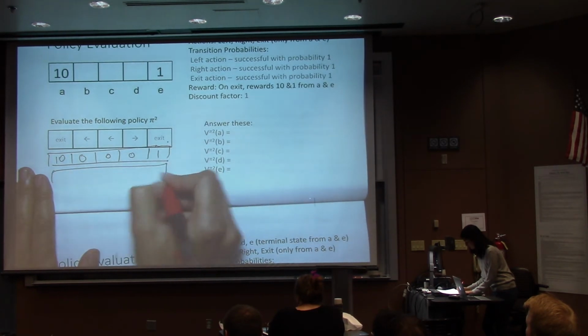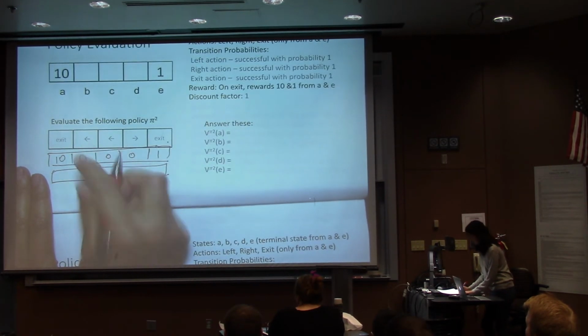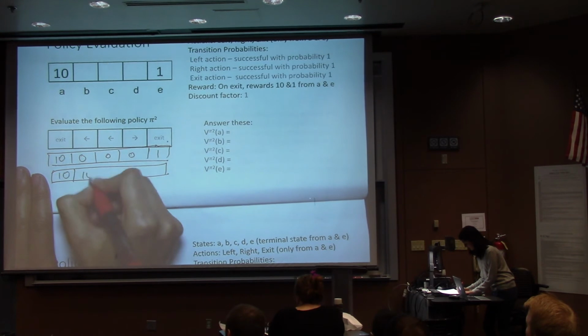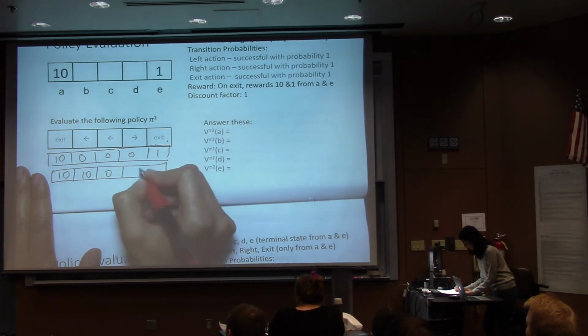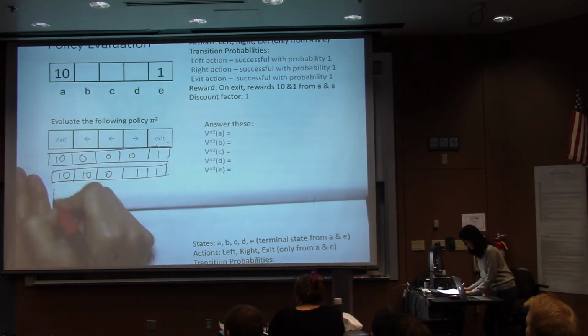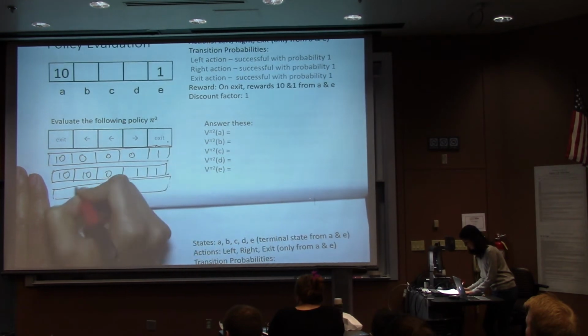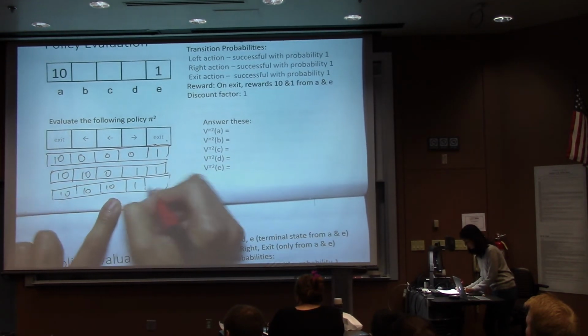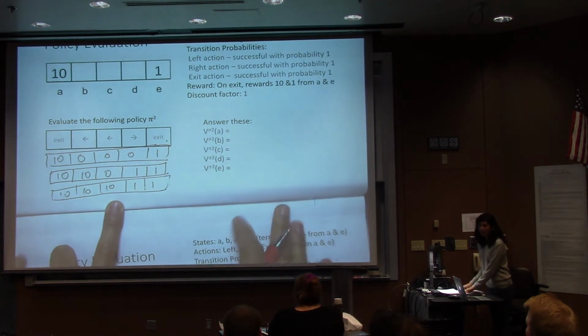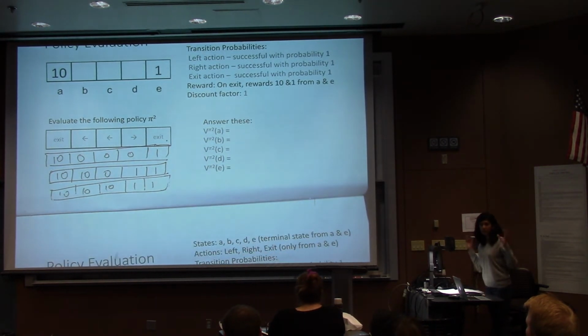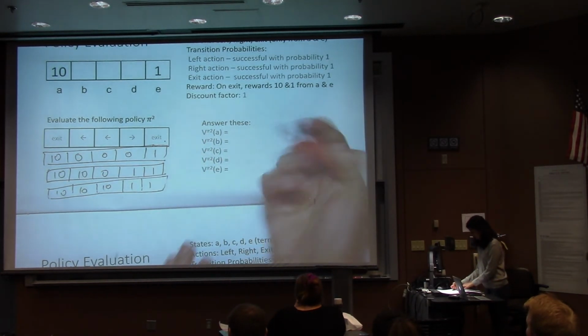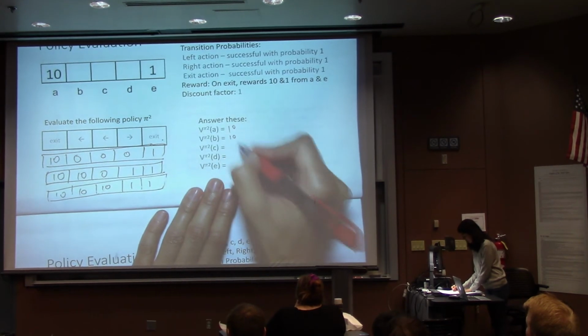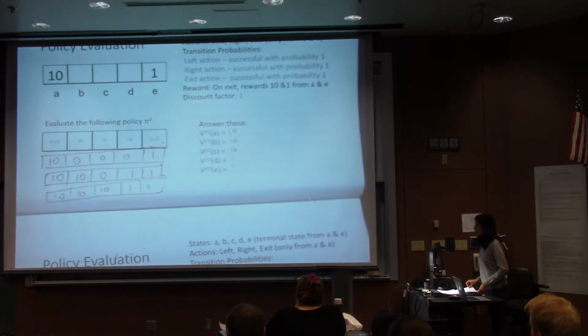But when you take left action here, in the next step this happens, and in the next step after that, you see that this is what happens. This is a very intuitive example. You just see how the rewards are basically propagating because of the action that you're taking from the given policy. And so your solution would be 10, 10, 10.